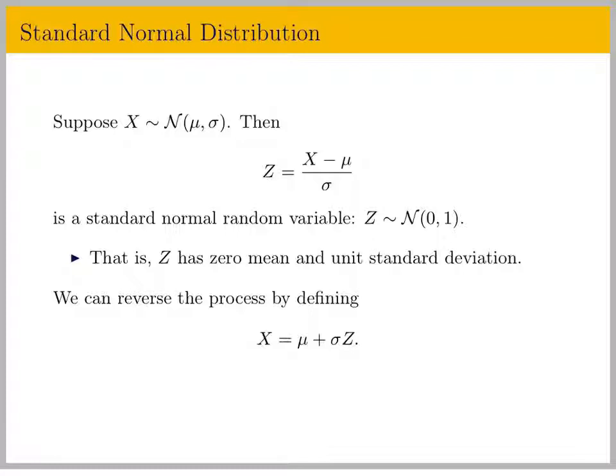And then using algebra right here, we can just define Z times sigma plus mu as X. So it starts out with something that has unit standard deviation. It expands, it gives it whatever standard deviation you're multiplying by, and then it adds a mu to every value that you could possibly have here, which actually shifts the mean from 0 all the way up to mu and gives you a random variable that's normal with that mean and that standard deviation.